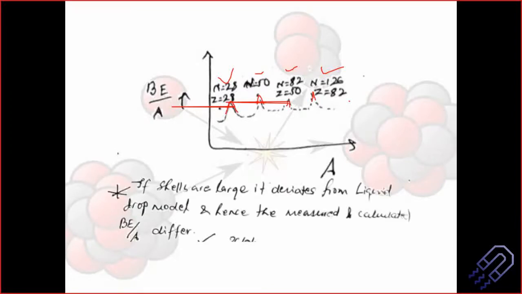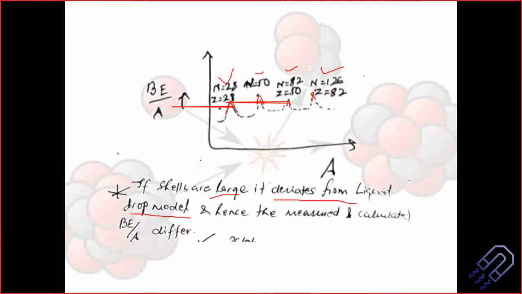But if the shells are large, it deviates from the liquid drop model. What does it mean? If you are considering a lesser mass number, the A value or the atomic number is lesser, it's fine. The liquid drop model can more or less tackle it and give a good understanding.